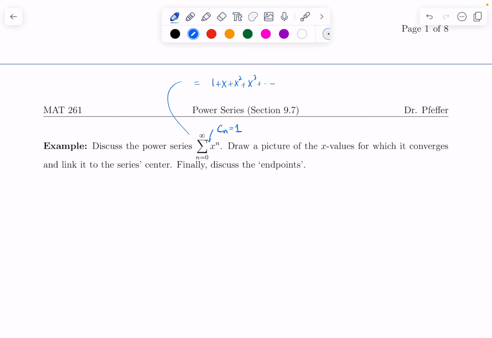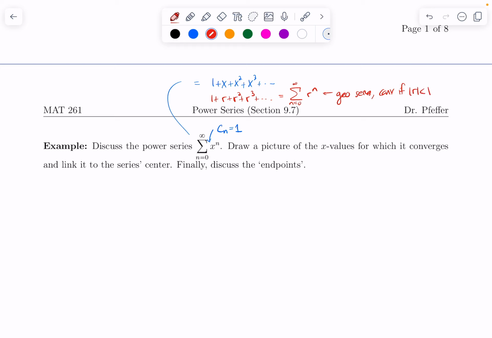But of course, if I change those x's out for r's, then you might recognize this. This right here, the series of just r to the n, as n goes from 0 to infinity, that's just a geometric series. And in fact, this is convergent if r is less than 1 in absolute value.